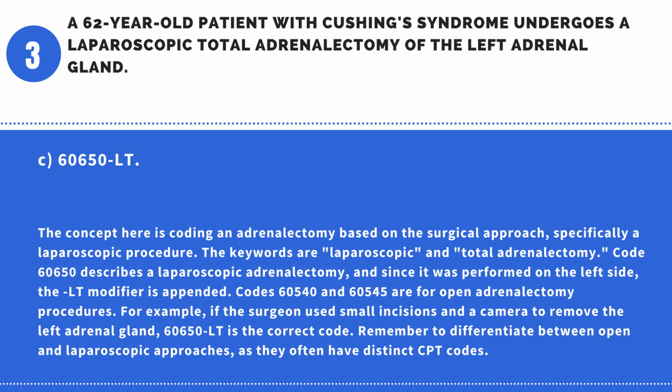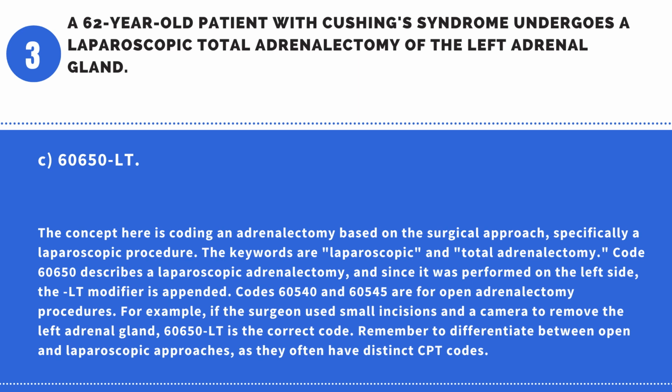60650 LT. The concept here is coding an adrenalectomy based on the surgical approach, specifically a laparoscopic procedure. The keywords are laparoscopic and total adrenalectomy. Code 60650 describes a laparoscopic adrenalectomy, and since it was performed on the left side, the LT modifier is appended.